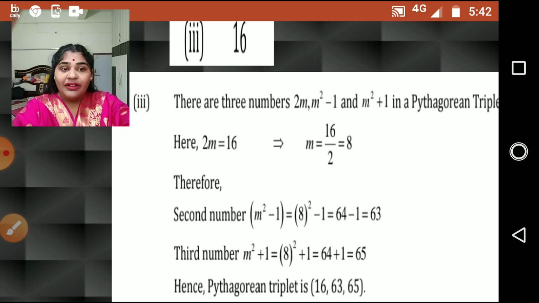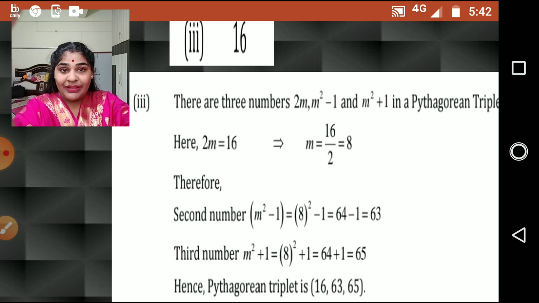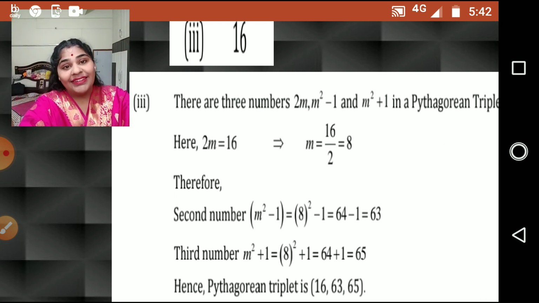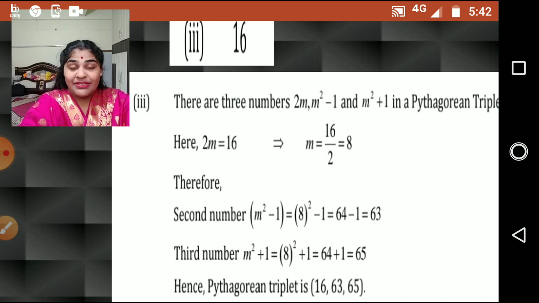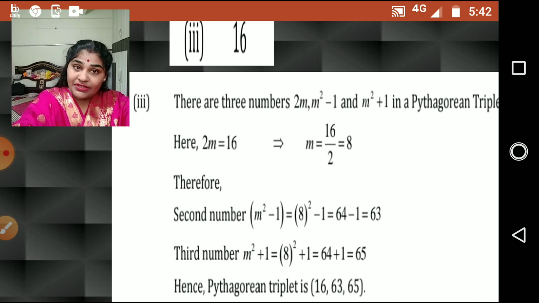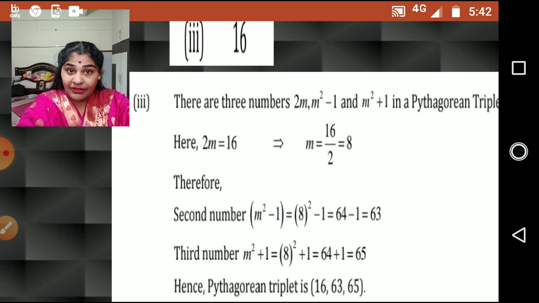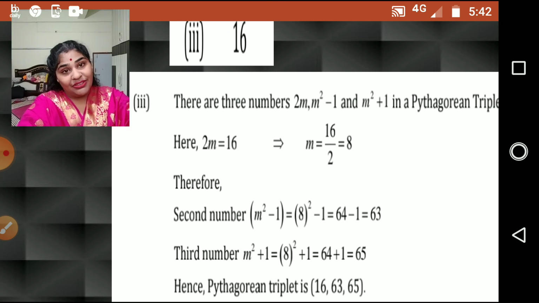I hope today you understood these two important topics, children. That is finding the square using the identity, where the identity we have used is a plus b whole square, which is equal to a square plus 2ab plus b square. And the second was the Pythagorean triplet. You have to just remember that 2m, m square plus 1 and m square minus 1 form a Pythagorean triplet.